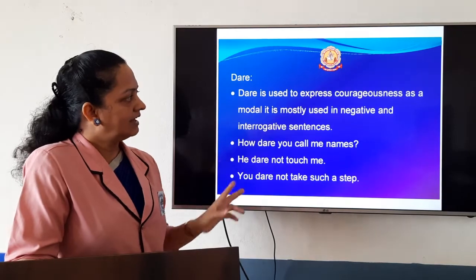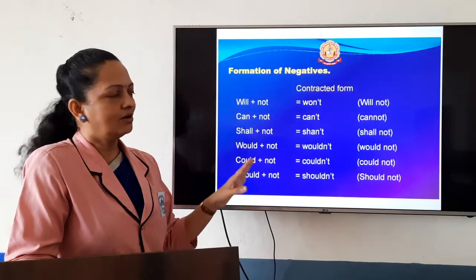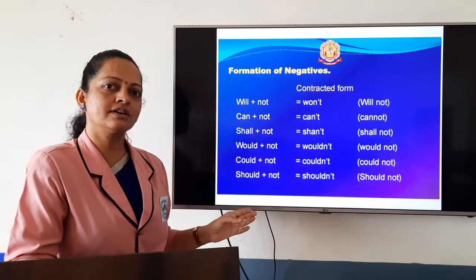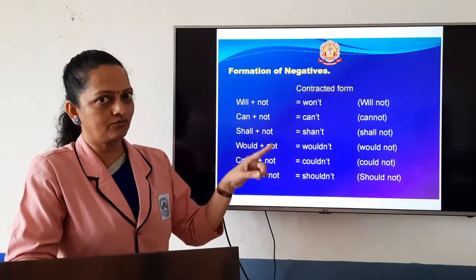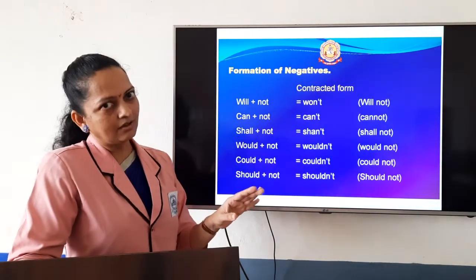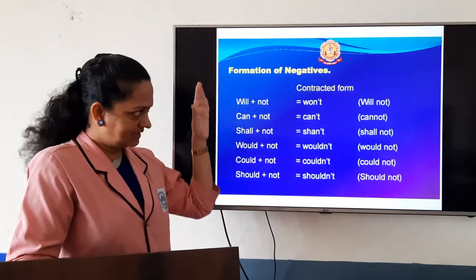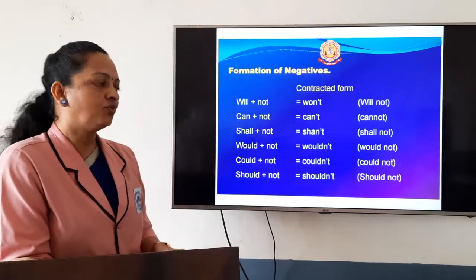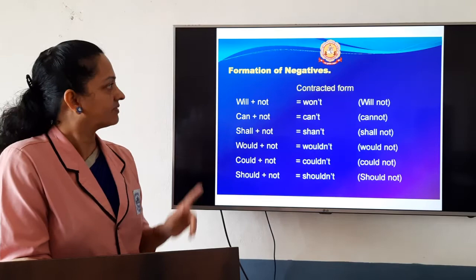Okay. The last two slides are about negatives, how these modal auxiliaries are used with not, along with the short forms. A few of these words we use, other few we don't use. This slide, whatever is there, we use it. Let's see. Will plus not is won't, that is will not.